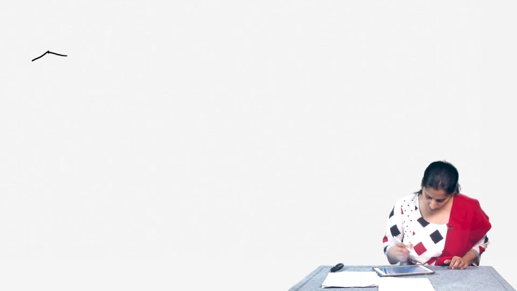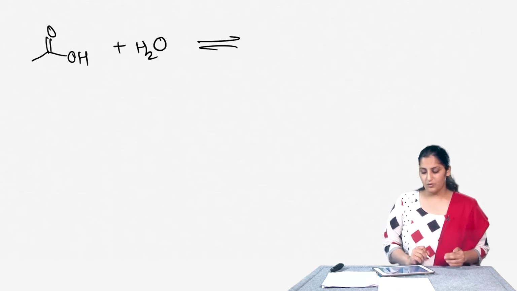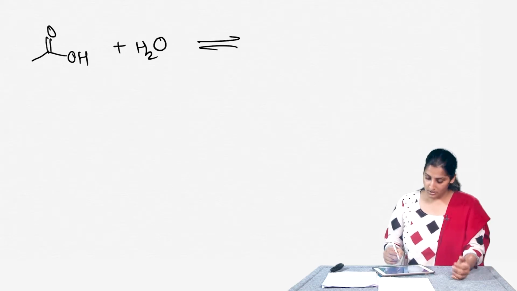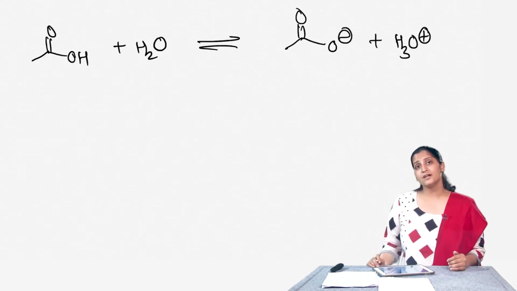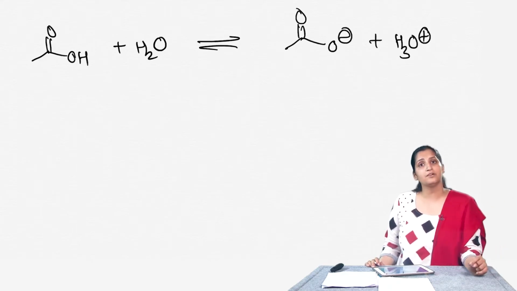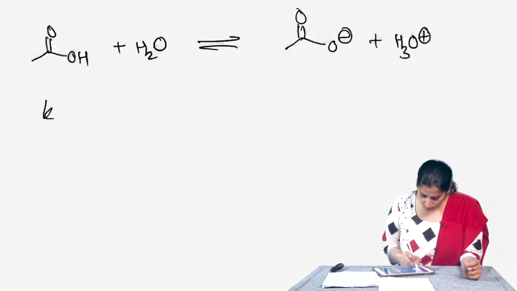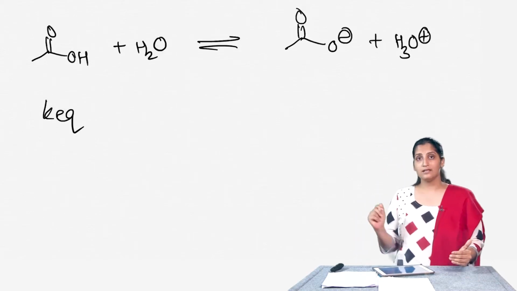So, I am going to take a reaction here which is acetic acid and water, right. Now, as these two molecules react, you are going to form acetate and H3O plus, right. Let us figure out the Keq for this particular reaction using the formula that we just derived. First I need to figure out the acid and the conjugate acid.